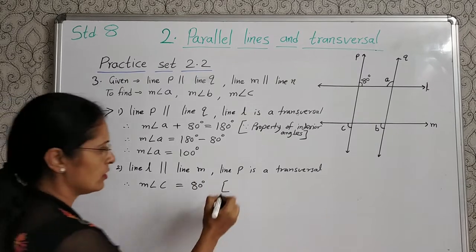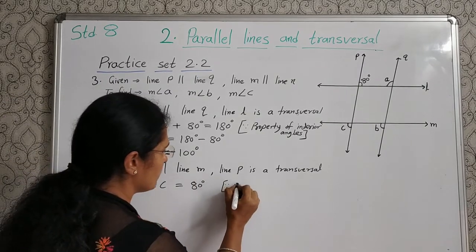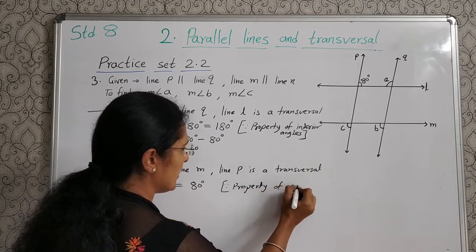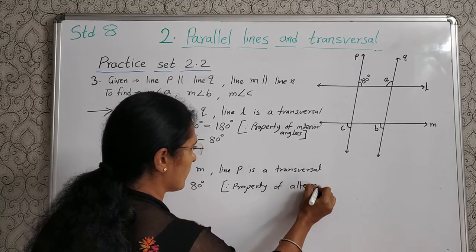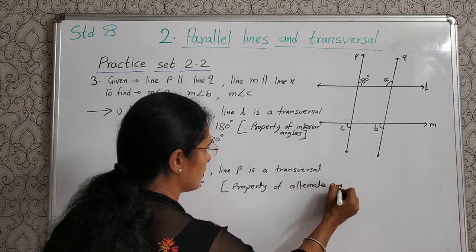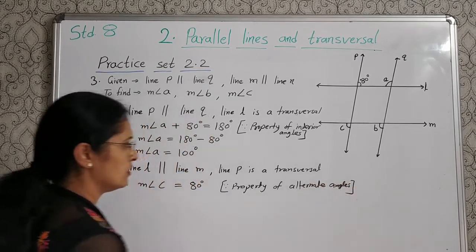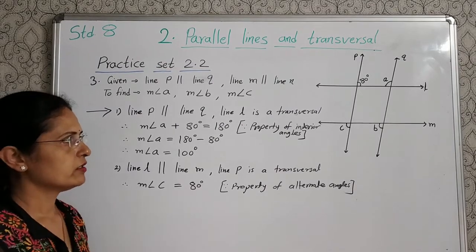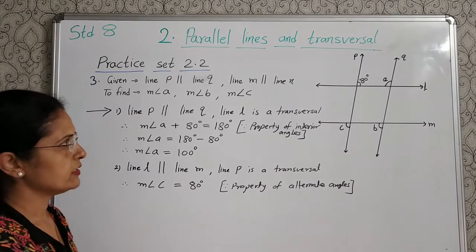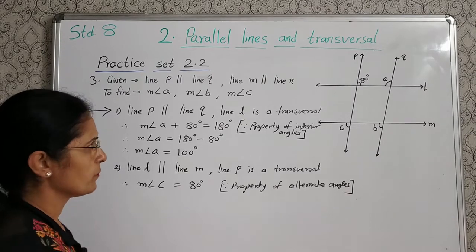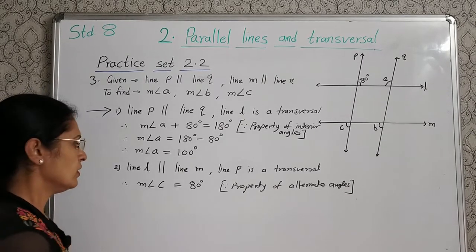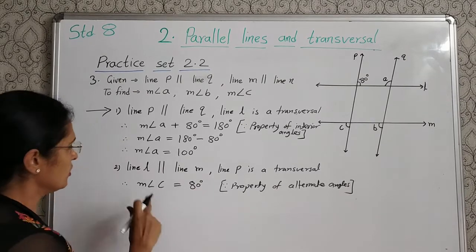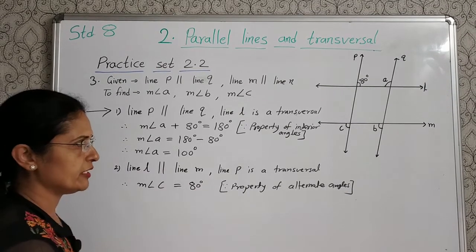The reason: property of alternate angles. The alternate angles formed by two parallel lines and their transversal are a pair of congruent angles. So their measurement is equal. So measure angle C is equal to 80 degree.